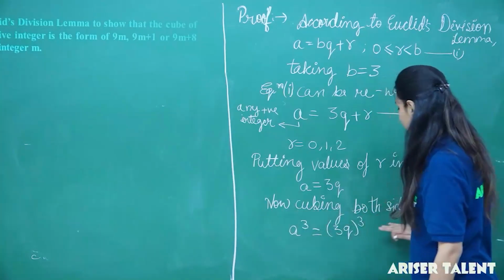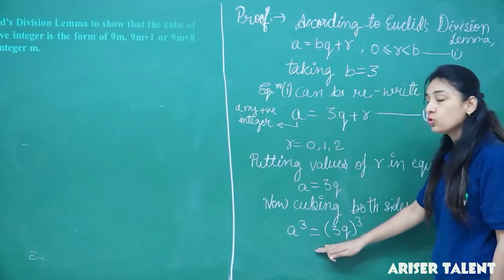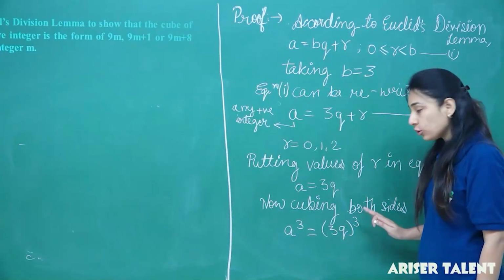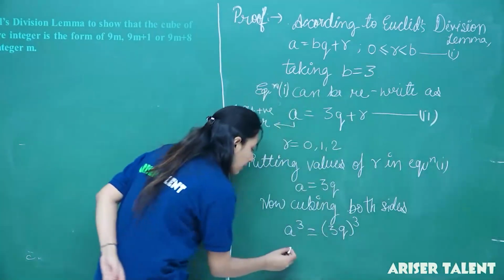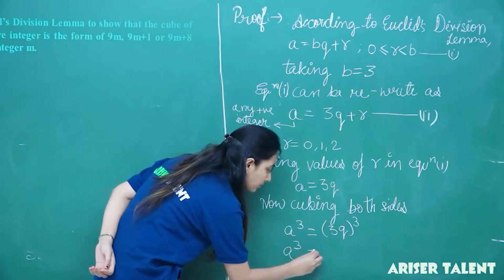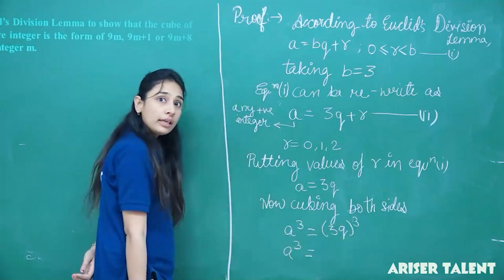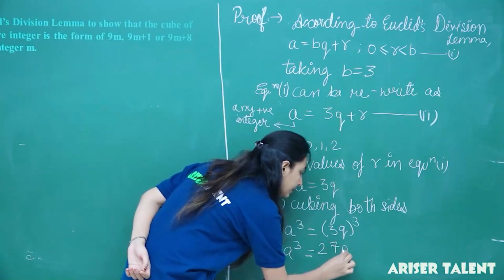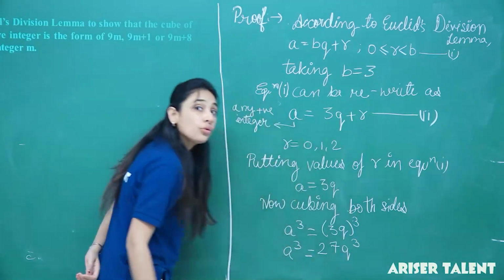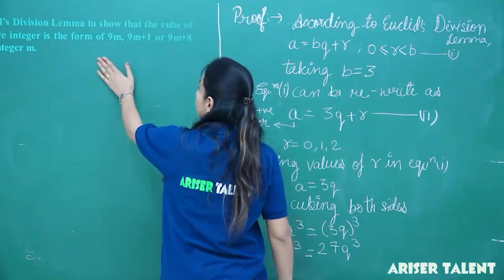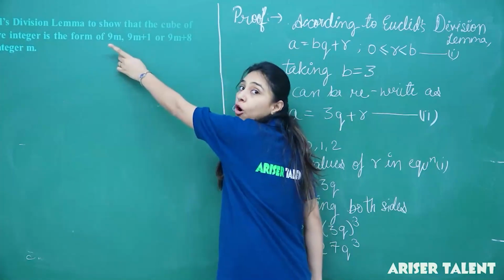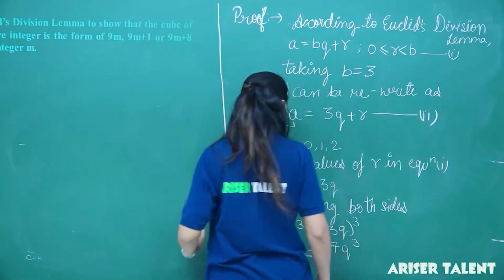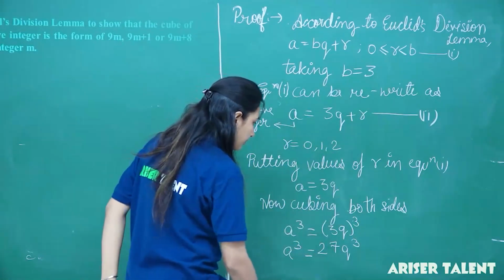Now cubing both sides we get a cube equals (3q) whole cube. Now 3 raised to power 3 will become 27 and that will be q cube. Now look at the question, we have to write it in the form of 9m, okay. So can we write this?